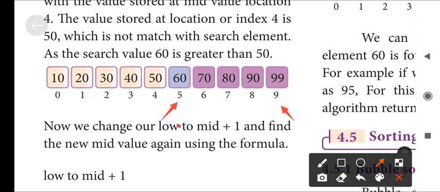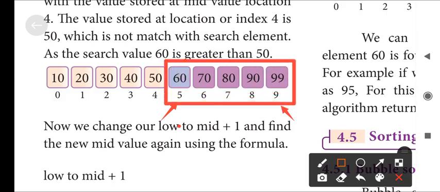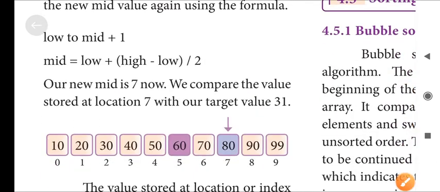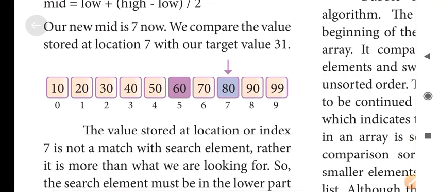Now we can find the mid value of this section, because this part will be rejected. What is the formula? Mid equal to low plus (high minus low) divided by 2. Now apply this formula. The answer is 7.